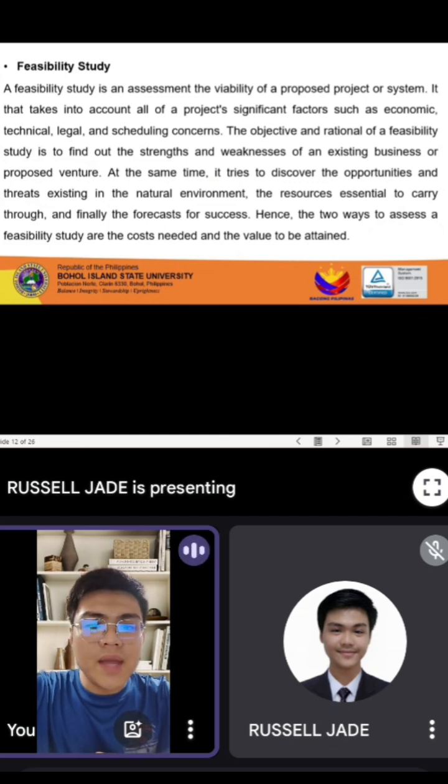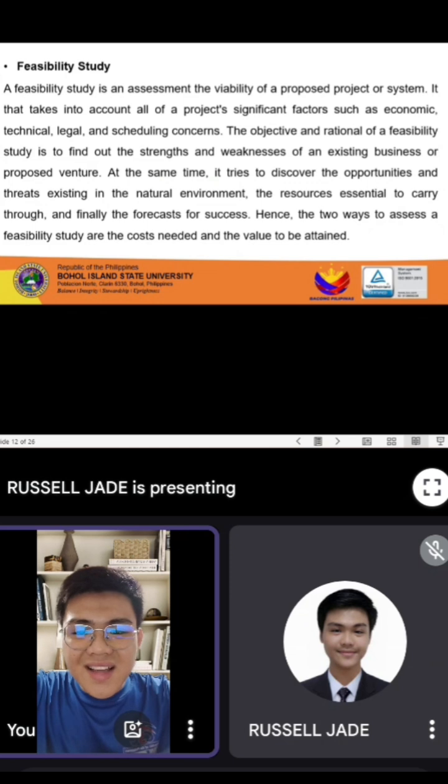At the same time, it tries to discover the opportunities and threats existing in the natural environment, the resources essential to carry through, and finally, the forecast for success. Hence, the two ways to assess a feasibility study are the cost needed and the value to be attained.